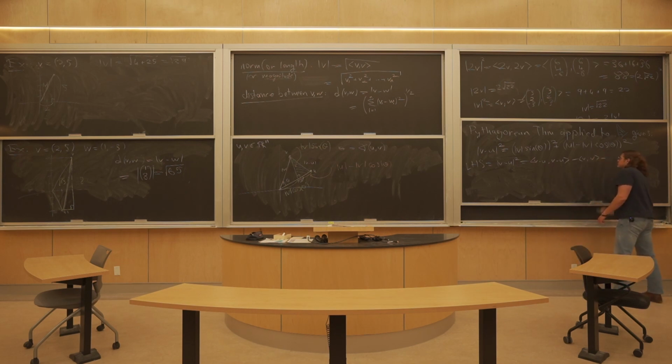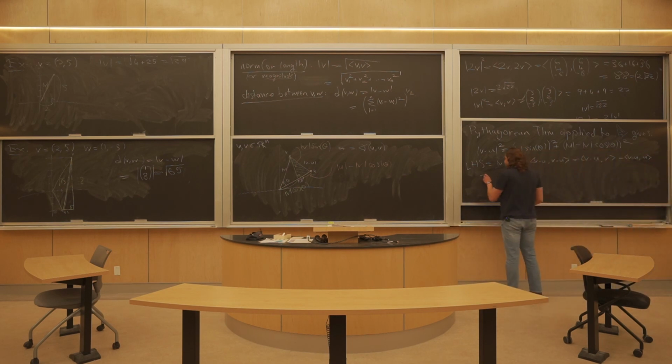So maybe I should do this step by step. I'm fixing the first vector, and then I can open this up. And then minus v minus u, comma, u. And then fixing this, I can open this up as well, and likewise this. That gives me this.